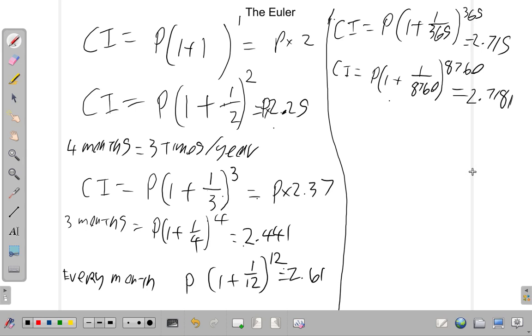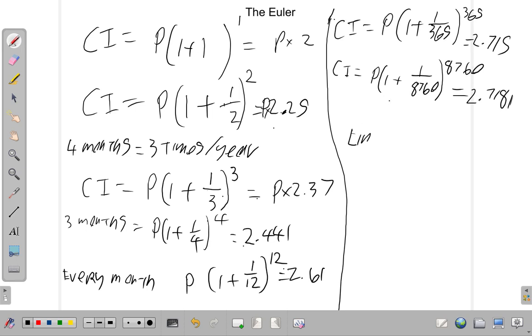Now the thing is, you consider the limit of this thing as you shorten the amount of time from months to days to hours and so on, and increase the number of times that this happens.